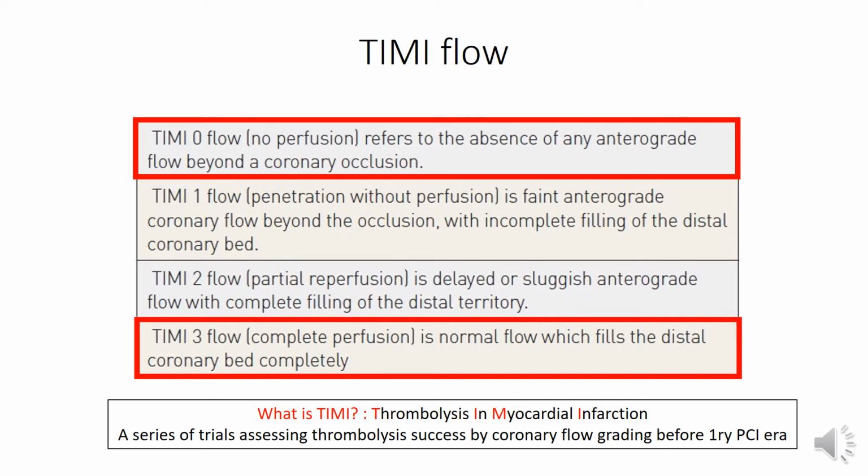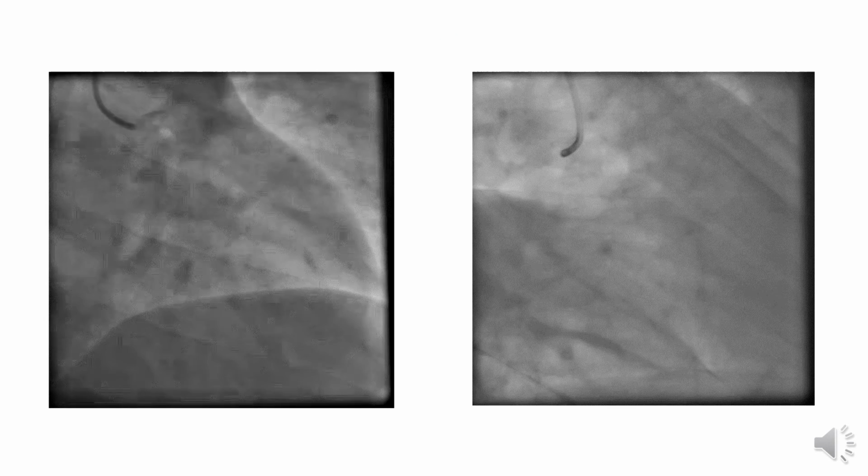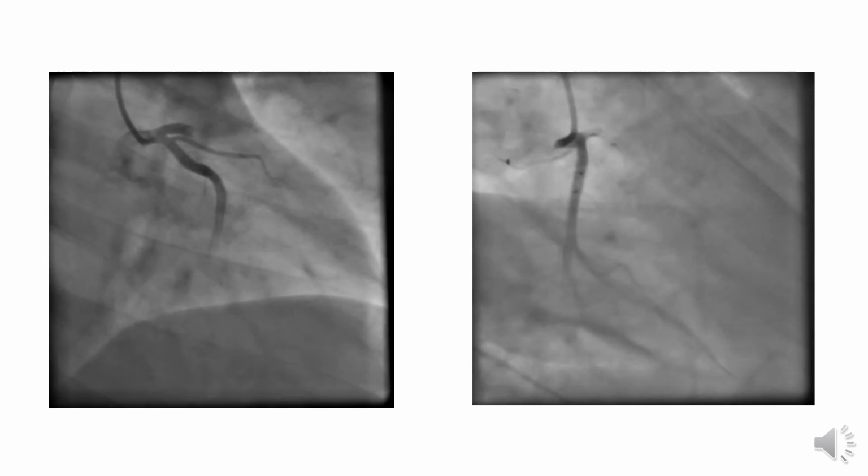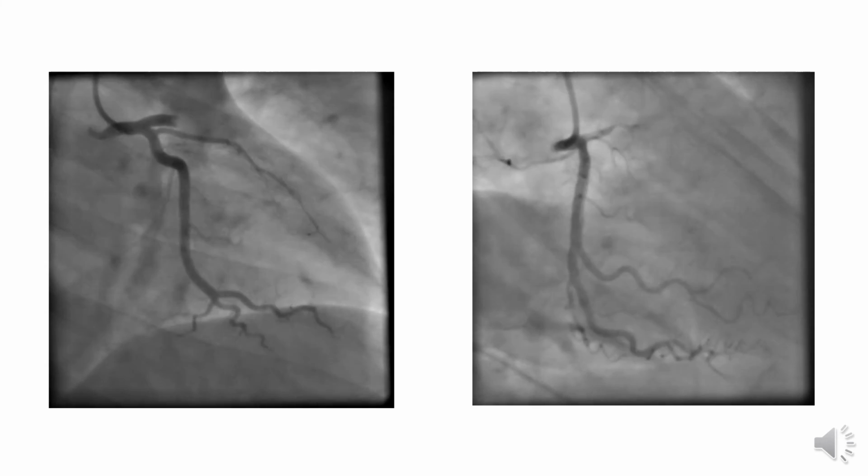If we have full penetration of dye till the end of the vessel but sluggish or delayed, for example if we are assessing the LAD in comparison with the circumflex, this is TIMI 2 flow. If the flow is rapid from proximal to distal, which is the normal one, it is TIMI 3 flow. And here is an example of the different grades of flow.